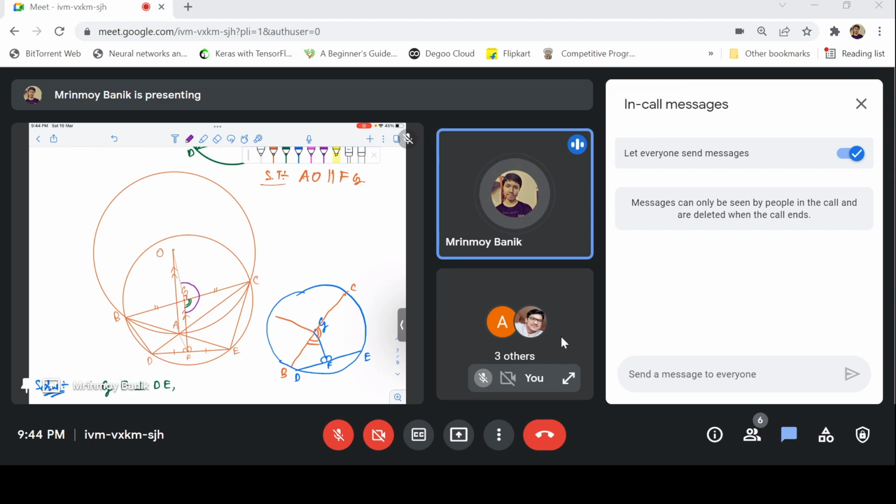So here these triangles are perpendicular. We have to show these two parallel. So let's pick this angle, this angle.